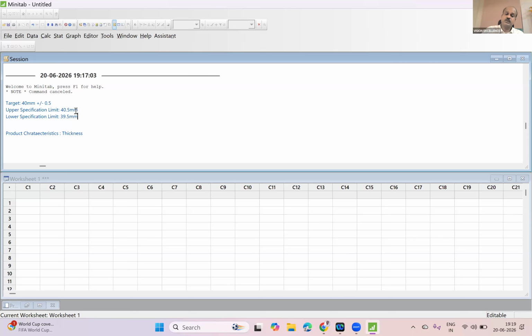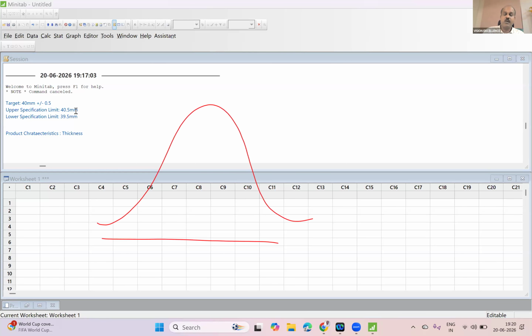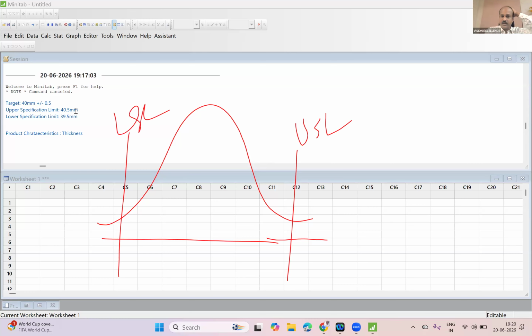All right. So you can easily understand that with the help of the bell curve also. Here is your bell curve, and imagine your bell curve exactly fits within the spec.